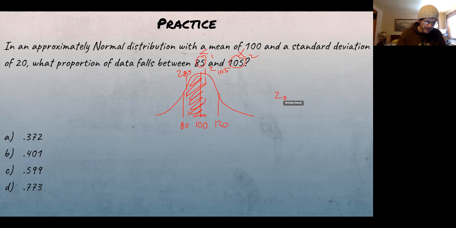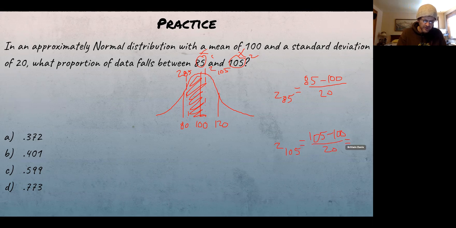The z of the 85 data point is going to be 85 minus 100 divided by 20. And z of 105. I don't think I'm going to run through all of these. I'm going to let you guys kind of solve them and answer your own in a minute, but I'm just doing this one. 105 minus 100 divided by 20.